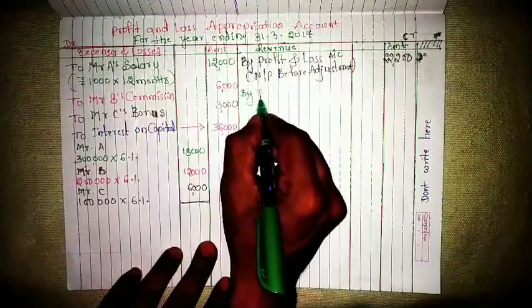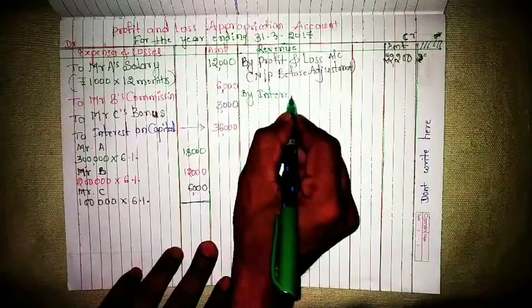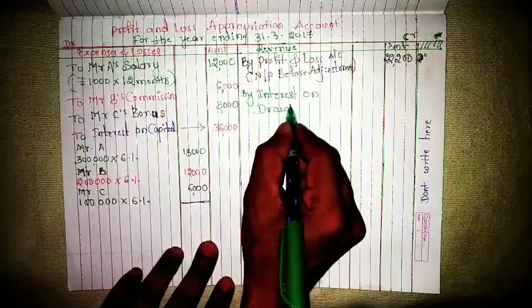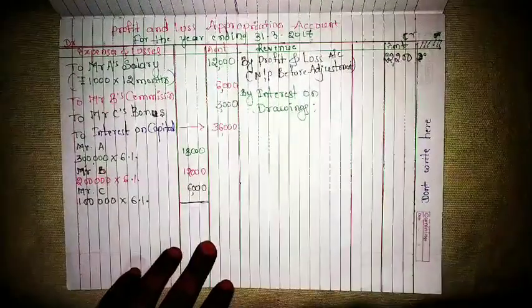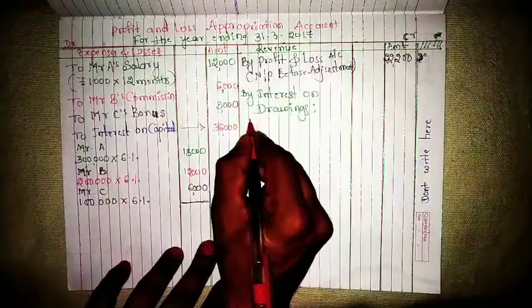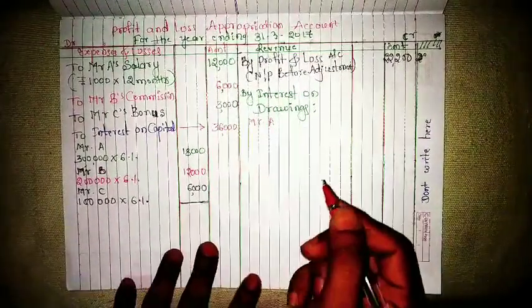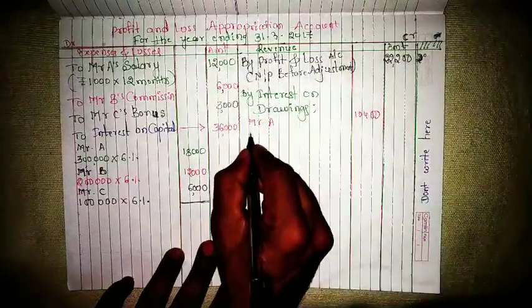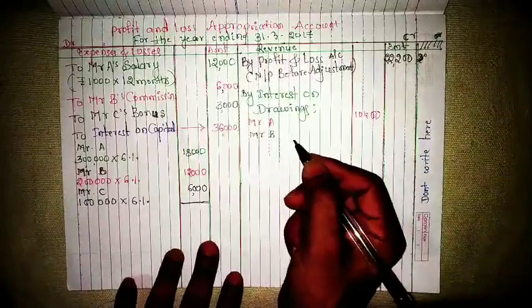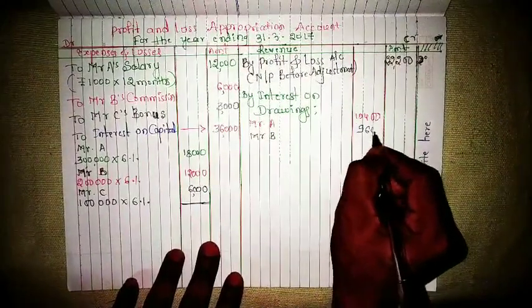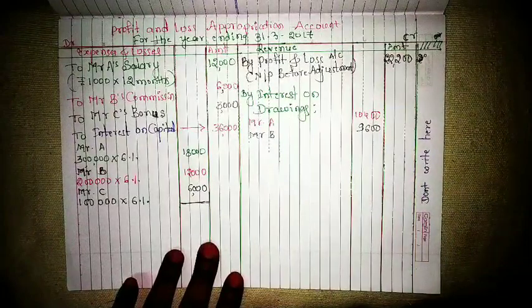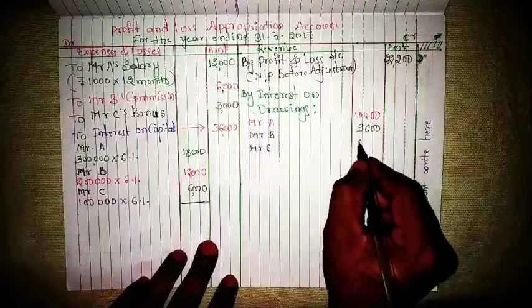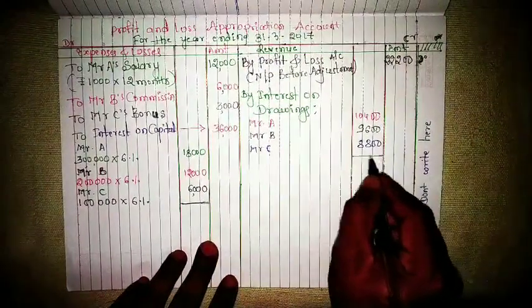By interest on drawings, Mr. A 10,400, Mr. B 9,600, Mr. C 8,800.